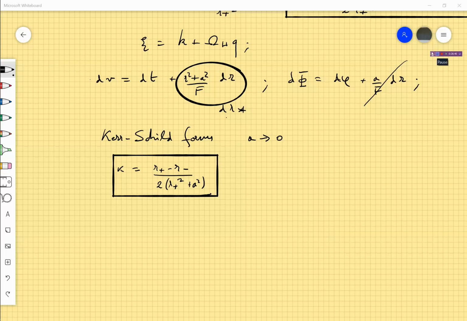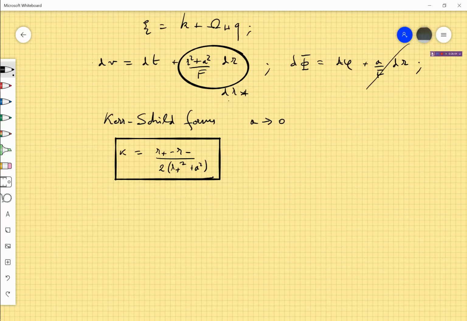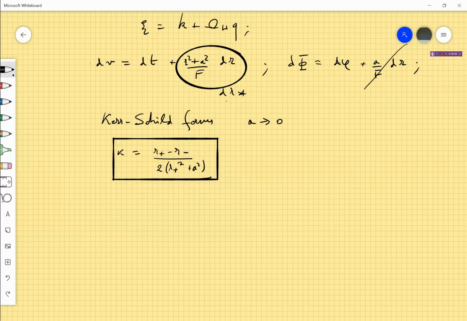Well, once you have defined the surface gravity in this general way and studied the properties of the definition, people were able to show that kappa is always constant over the complete event horizon. This is obvious, well, we just showed it for the Kerr black hole and also for the Kerr-Newman. You only have to add here Q squared.